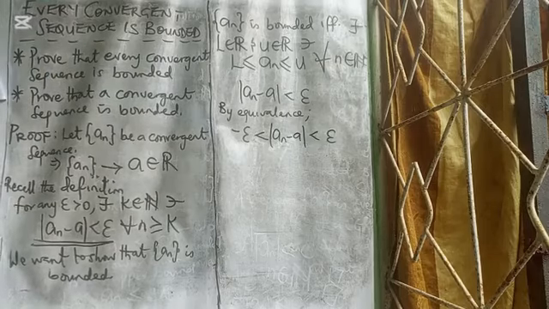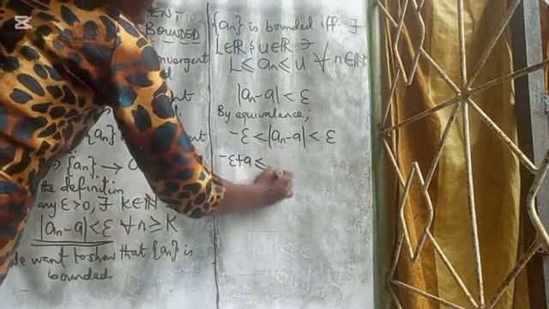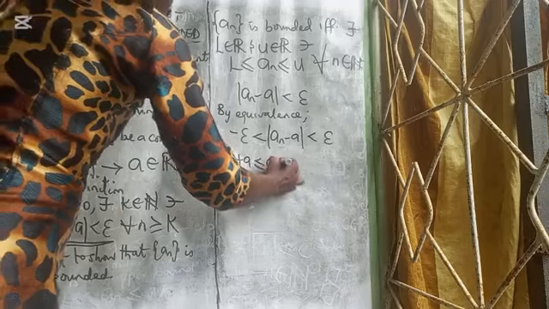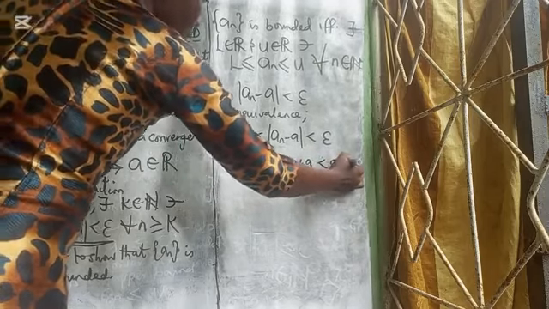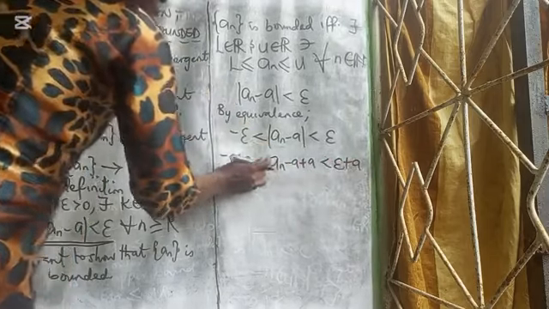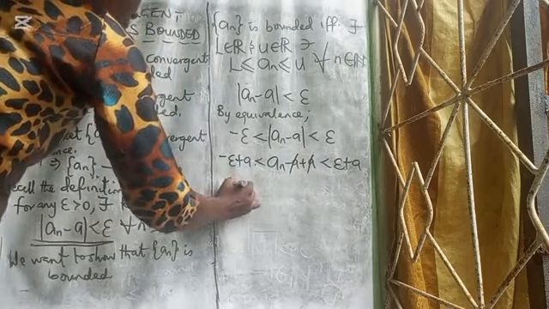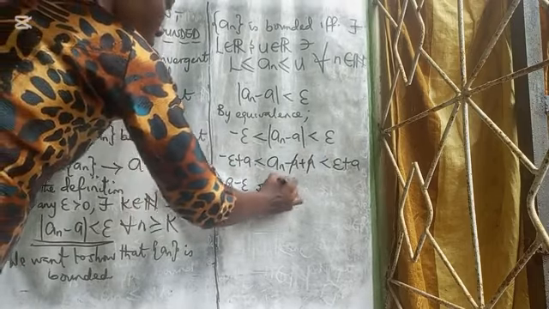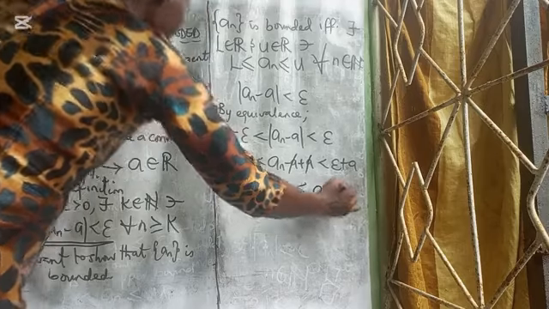If we add A all through, we have minus epsilon plus A less than A sub n minus A plus A less than epsilon plus A. That removes that. We have A minus epsilon less than or equal to A sub n less than or equal to A plus epsilon.